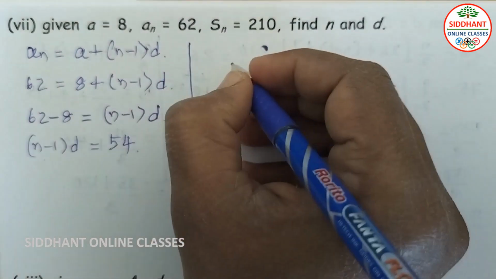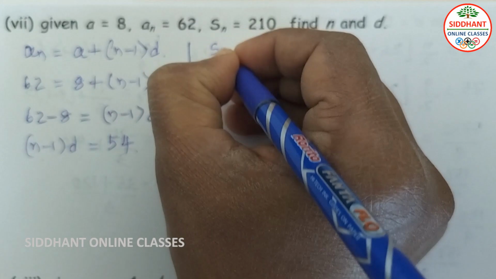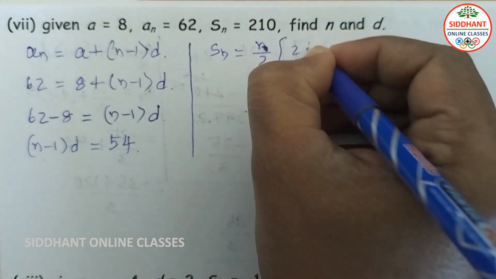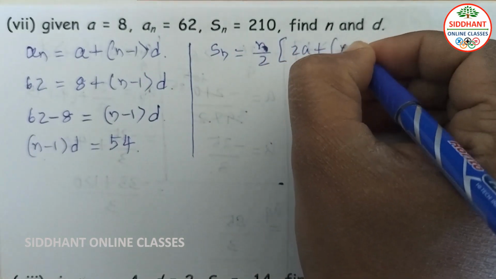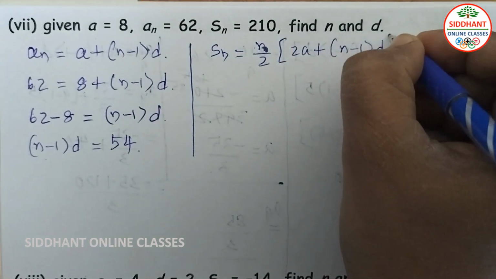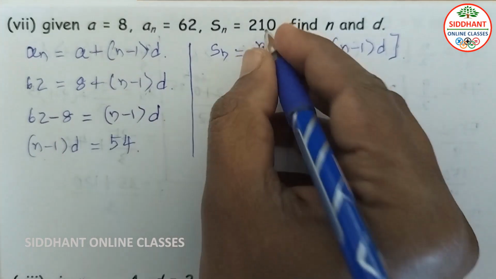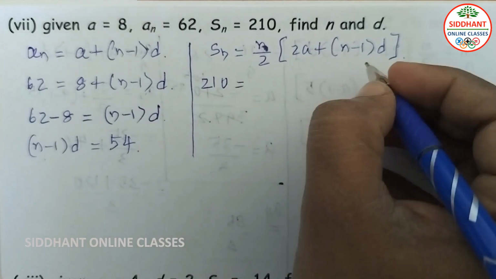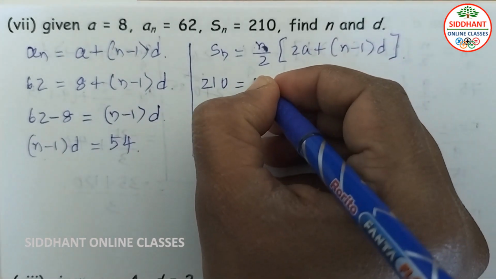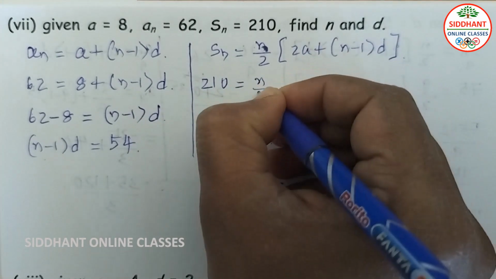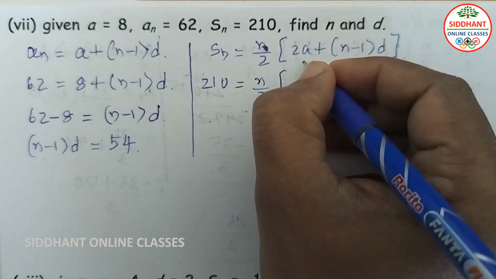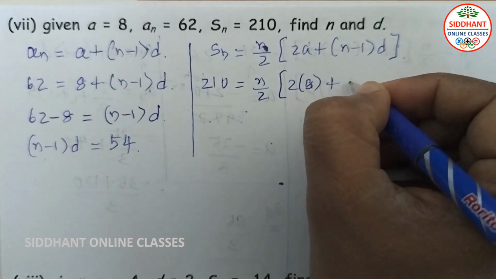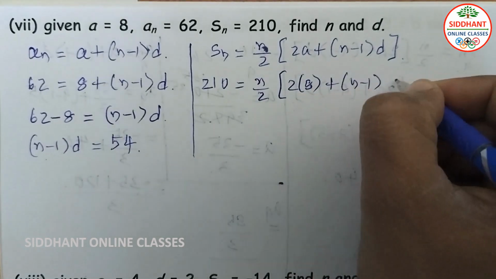So now we are going to see Sn. So Sn equals n by 2 into 2a plus n minus 1 d. Sn is given which is 210, and n we are going to find out. That means n by 2, 2a is given which is 8, plus n minus 1 d.